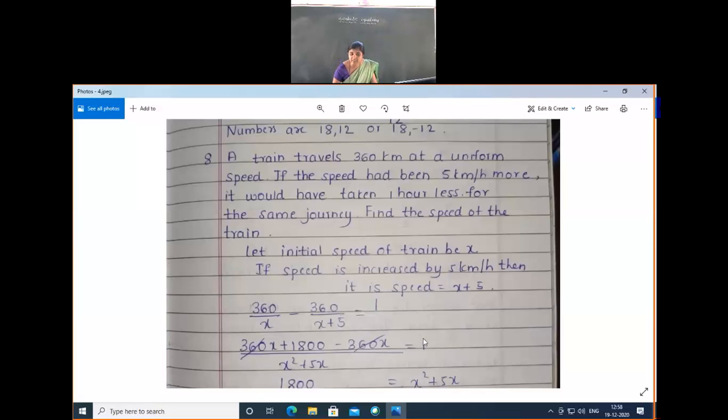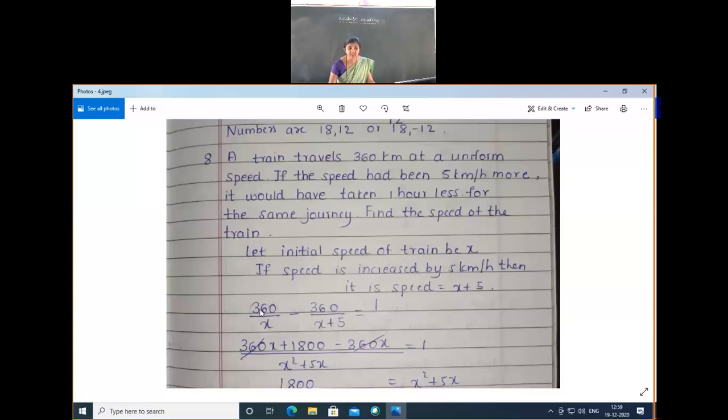So here we have skipped some step. Which step actually? Applying the speed formula. Time taken to cover 360 kilometer at the initial speed is distance divided by speed, that is 360 divided by x. Next, if the speed is increased, the time taken to cover is 360 divided by x plus 5. But the difference between them is 1 hour.